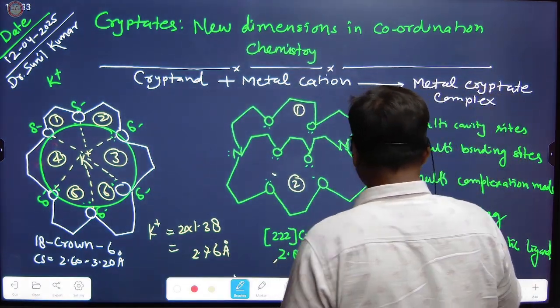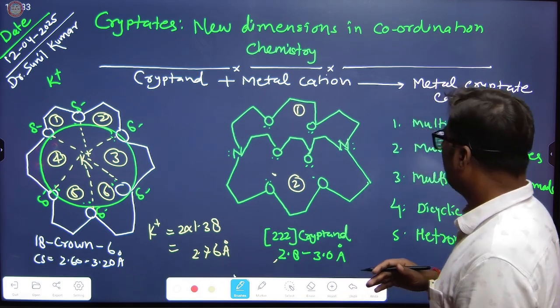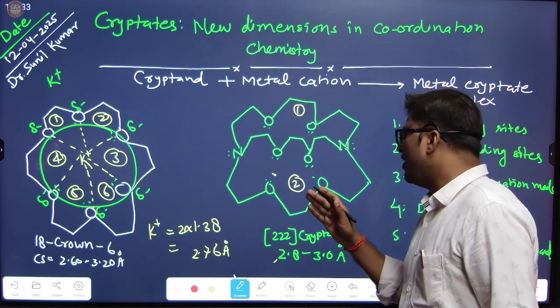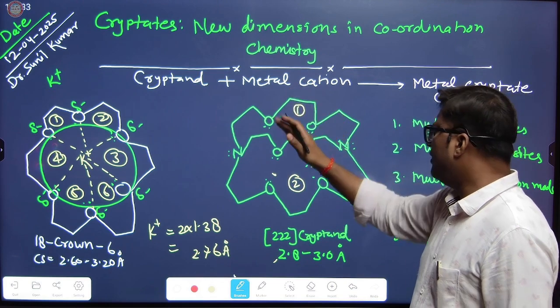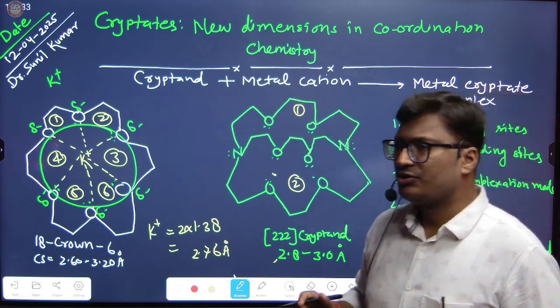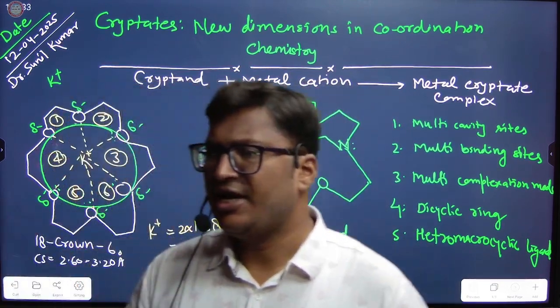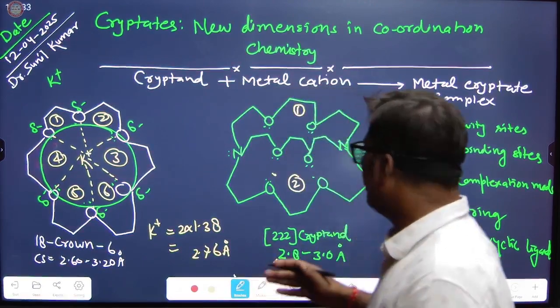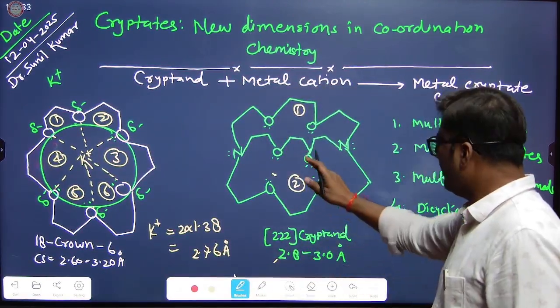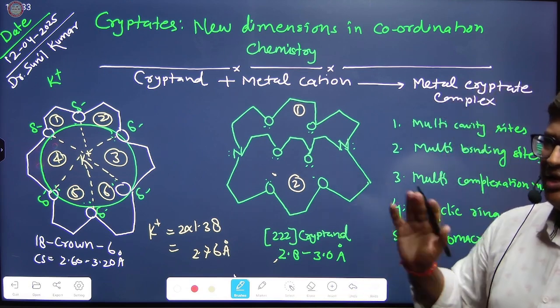Another possibility is that it may accommodate the metal cation in only one binding cavity, so one cavity can accommodate a metal cation while the other cavity may remain vacant.